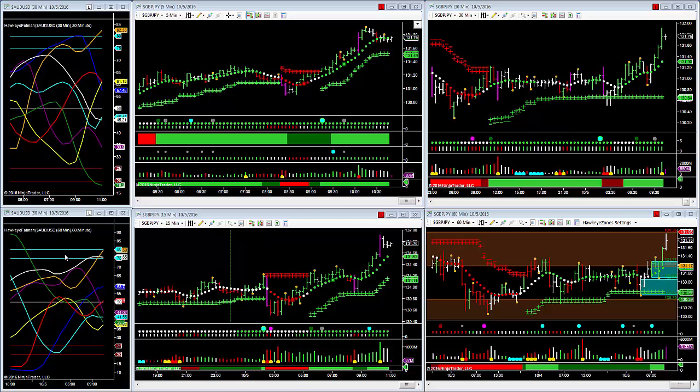How is it different from better volume? I'm not sure. I have not looked at the better volume, but I think most of the volume that is available, I refer to those as dumb volume, simply because they're not looking at the volume spread analysis. Hawkeye is focused on volume.